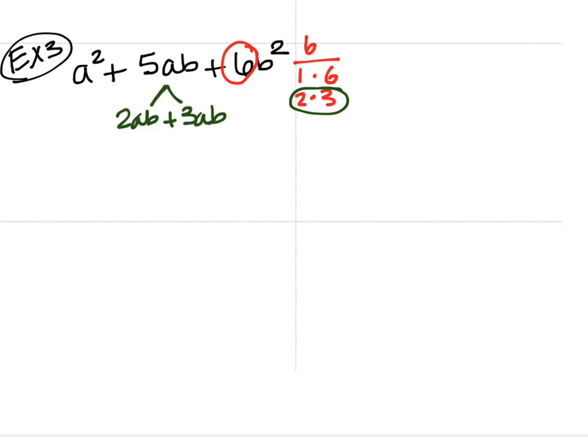And again, the idea is to break this up so that I can identify, using combining like terms, when I combine these two terms together, I'll in fact get my 5ab back. So then I'm going to drop down the a squared and the 6b squared. So let's do that now.